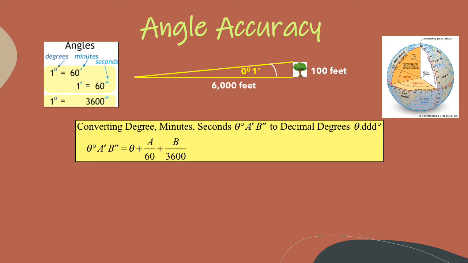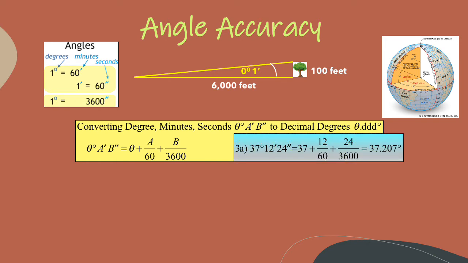So, to convert an angle in the form of degrees, minutes, seconds, theta degrees, A minutes, B seconds, to decimal degrees, which would be theta point DDD, just simply use the formula theta plus A over 60 plus B over 3,600 and round to the appropriate number of decimal places.